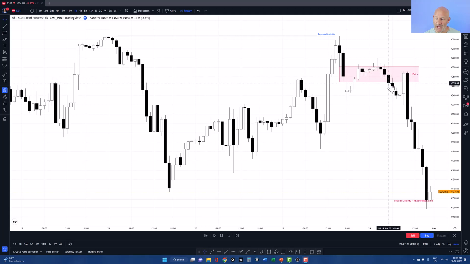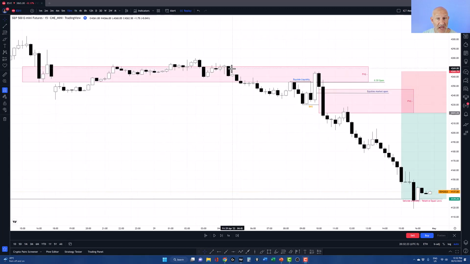We drop into it early on the 29th, and then as the market opens, it trades back up into that zone, and you can clearly see the reaction we get from that fair value gap. Then that sell side liquidity, these relative equal lows that we marked out on our daily chart, become that strong magnet for price. From the open, the market just trades down very strongly towards those relative equal lows for the rest of the session.